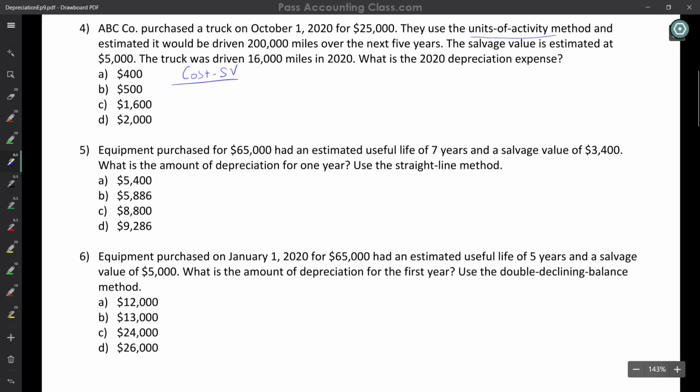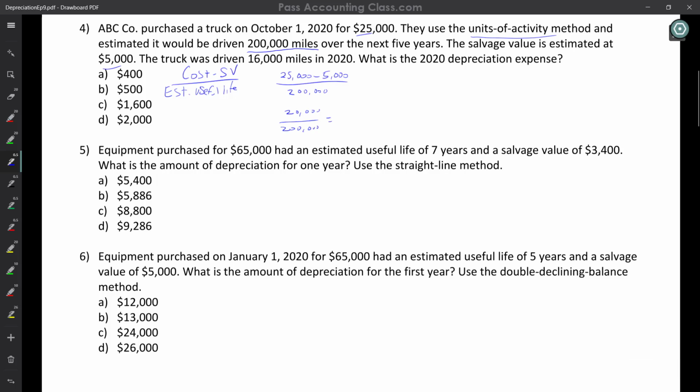So since we're using the units of activity method, that is going to be cost less salvage value divided by the estimated useful life. So we have our cost, that's $25,000, less the salvage value of $5,000. And then we're going to divide that by the 200,000 miles. So that's 20,000 divided by 200,000.